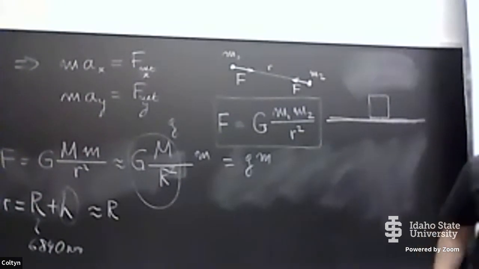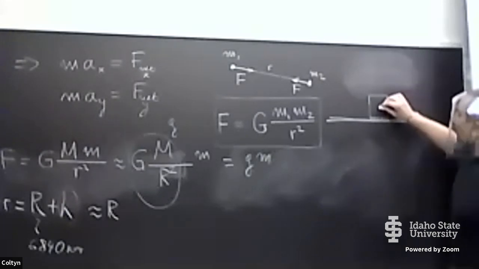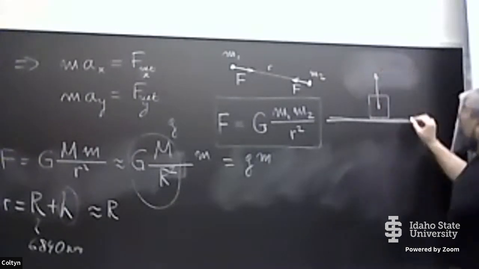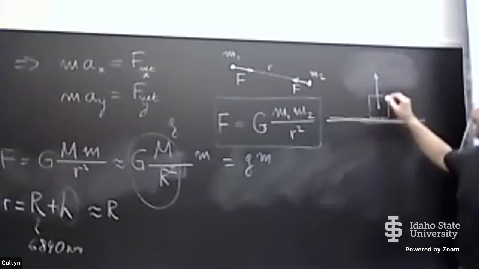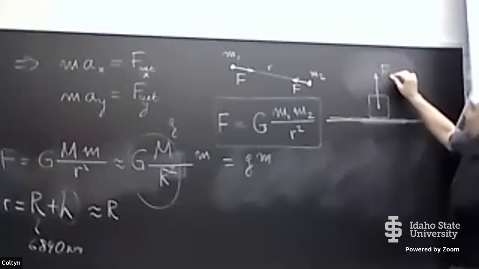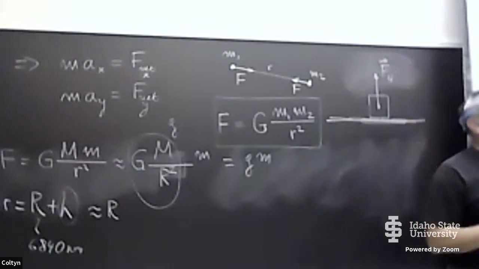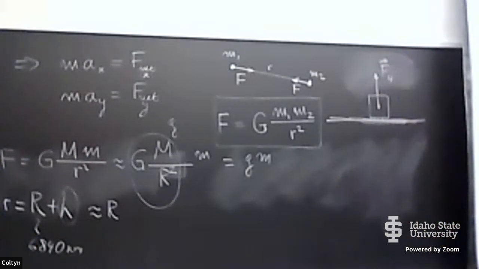One of those two forces is the normal force, and the normal force is always perpendicular to the surface of the contact. So usually the notation is F normal, like this. Always perpendicular to the surface of the contact.